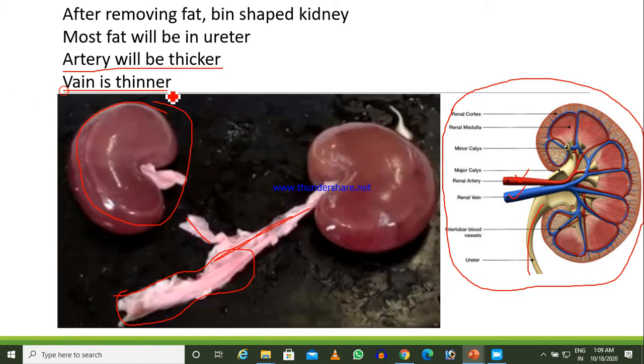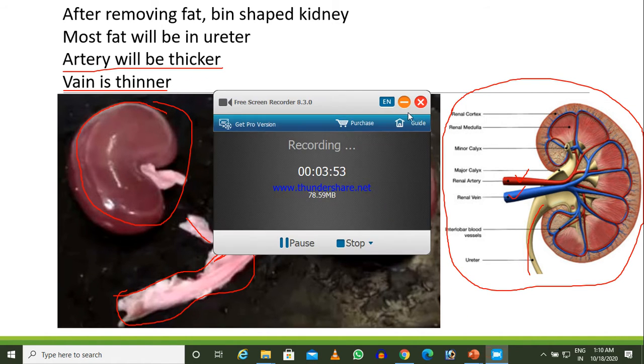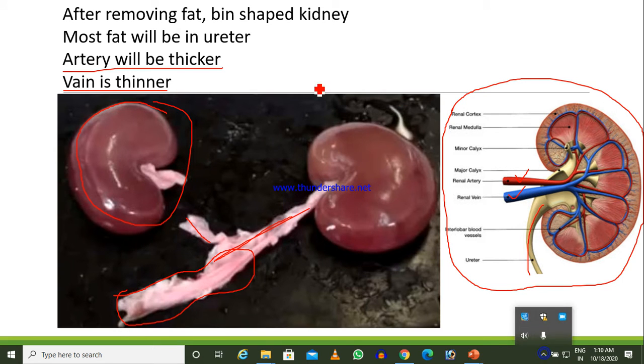Through the vein, after respiration in the mitochondria of each cell, the deoxygenated blood comes again to the heart through the superior and inferior vena cava to the atrium for purification. So it experiences less pressure, so normally the vein is thinner.